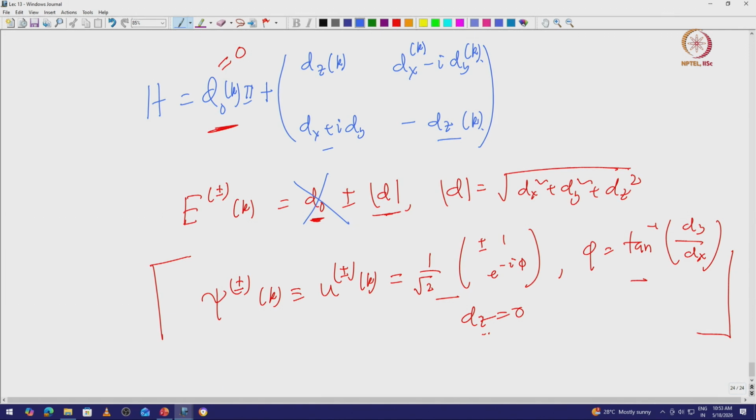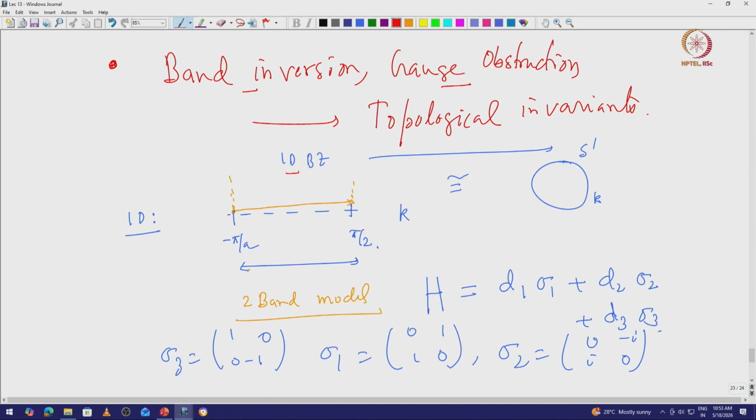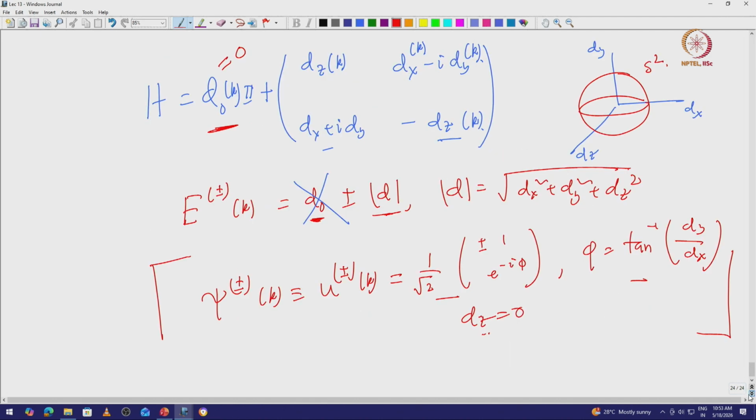So, now for simplicity again, if I have all three of them, I will have dx, dy and dz, and then some S2. If I take a general dx, dy, dz, but right now I am interested in this particular 1D case, I am interested in S1.